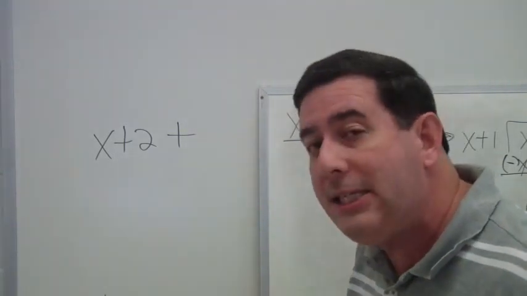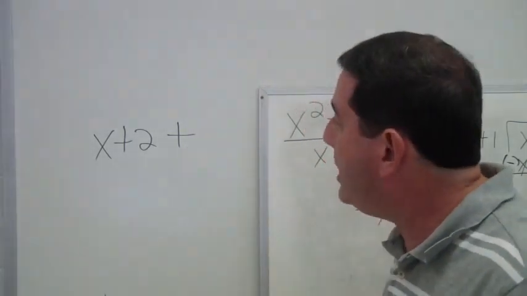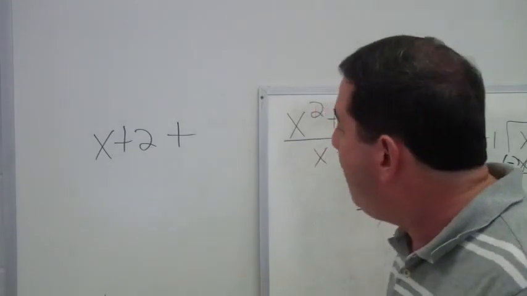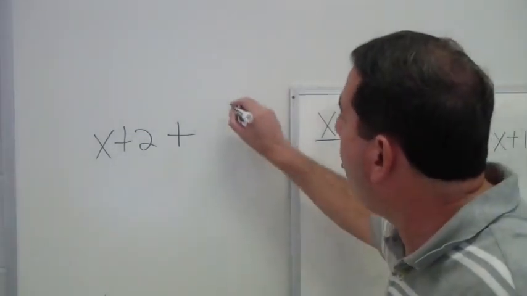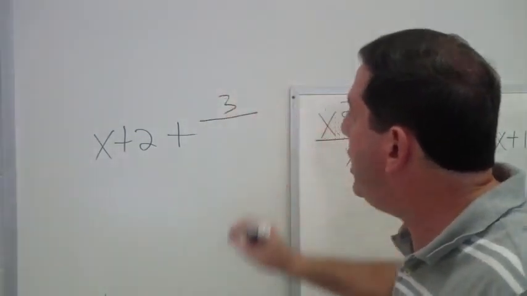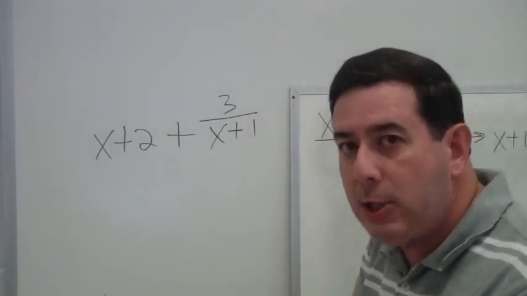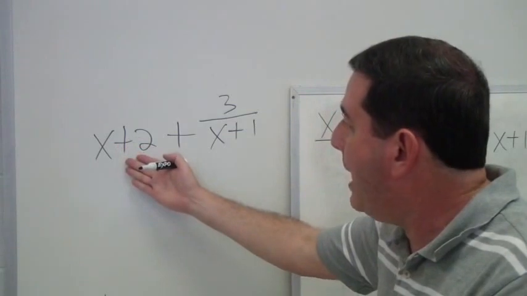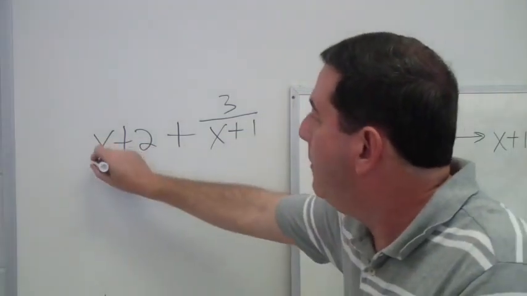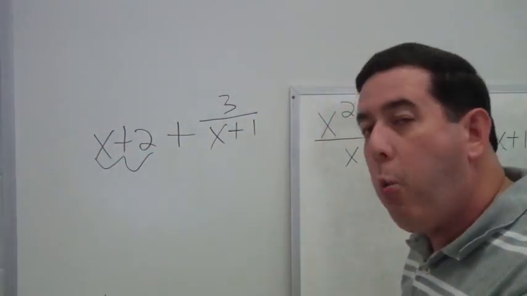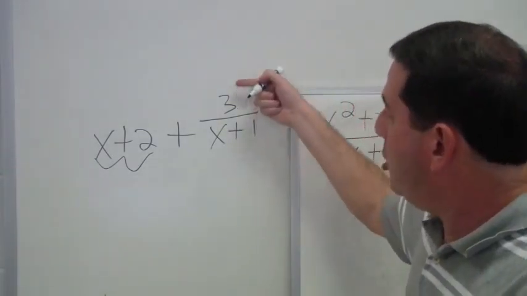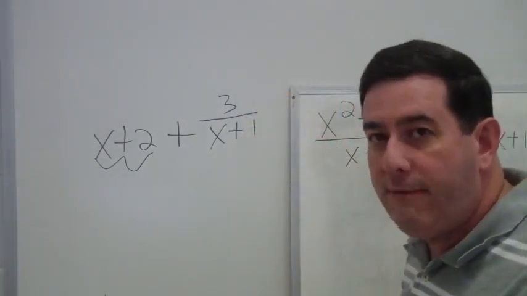No matter what the sign of our remainder is, always stick a plus sign there. Finally, let's take our remainder and put it over our original divisor, which was x plus 1. And this is how we should express our answer. This part was our quotient, our remainder over our original divisor.